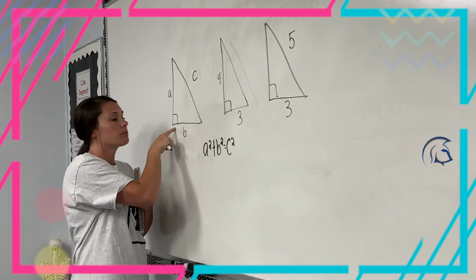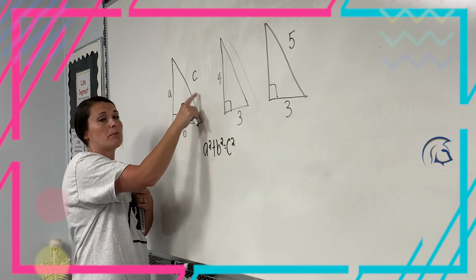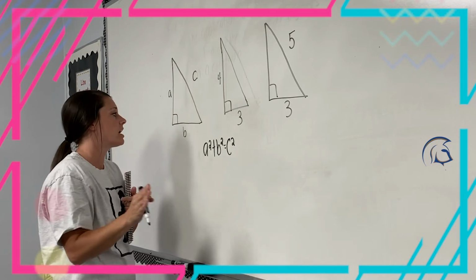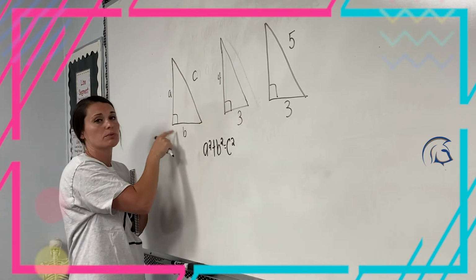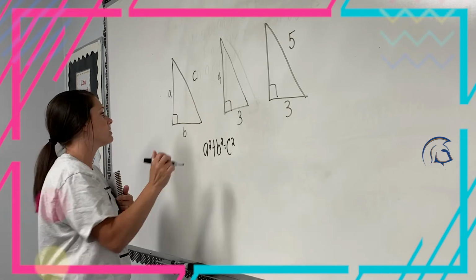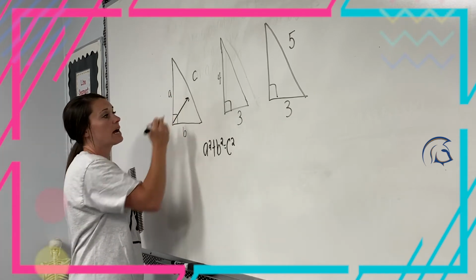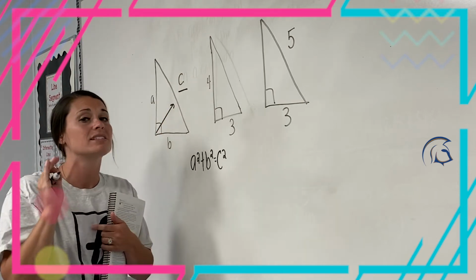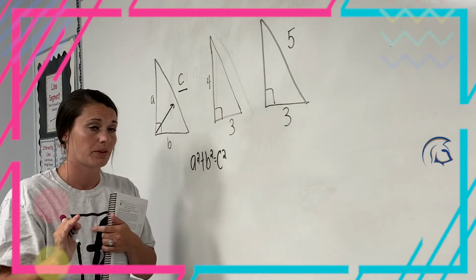So this is the right angle. The hypotenuse is the long side that does not touch the right angle. It is opposite. So that's important because you need to realize that this is the hypotenuse and that the hypotenuse is always c squared, okay?